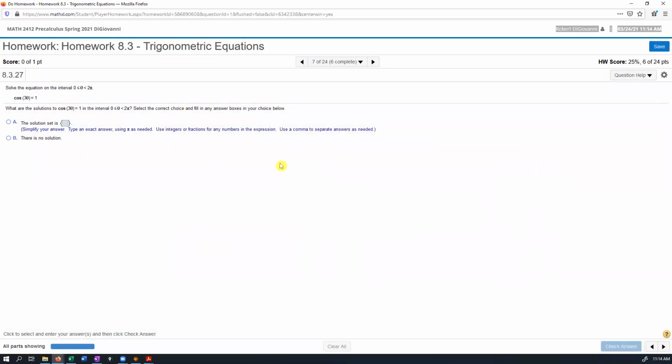All right, finally, we have one that has an argument that's not just theta, but they still want the answers between 0 and 2 pi. So where is the x coordinate 1 on the unit circle? Well, the x coordinate being 1 is here, and that angle is 0, right?